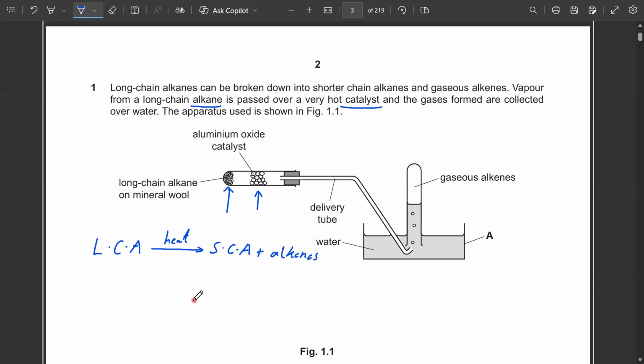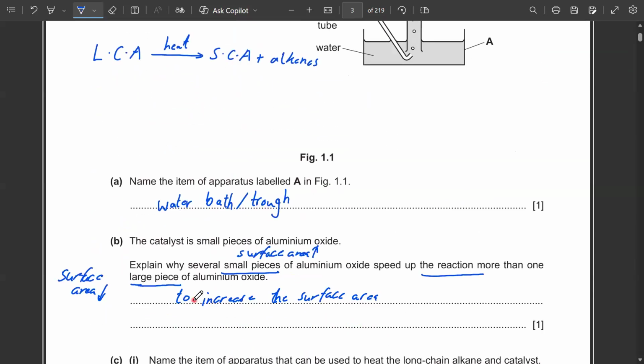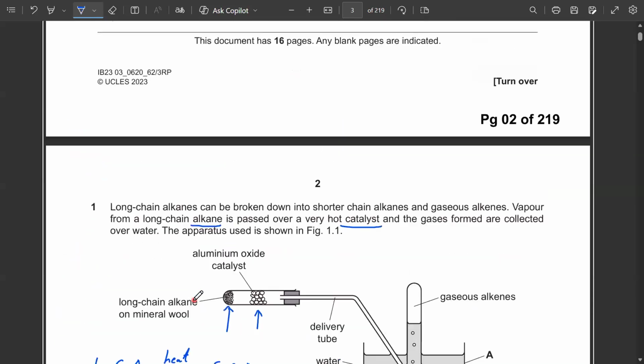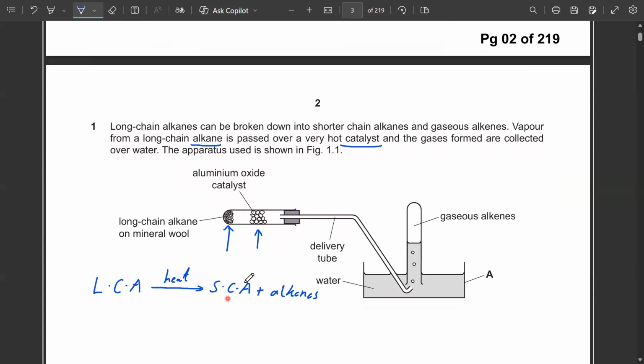This is what we understand about this. Can someone tell me which kind of reaction this is? What kind of reaction is this?